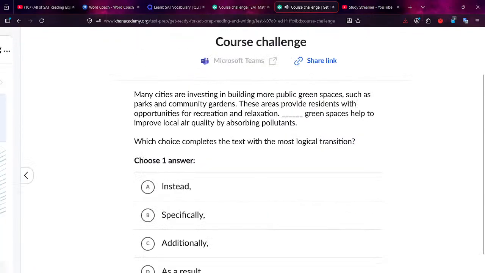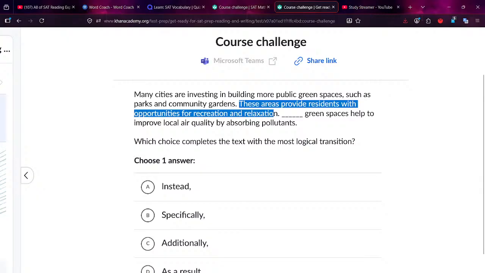So okay. Many cities are investing in building more public green spaces. Okay, so what is the most logical transition? These areas provide residents with opportunities for recreation and relaxation.